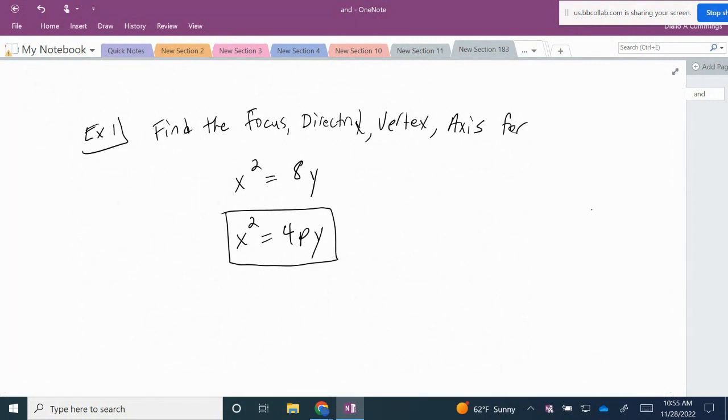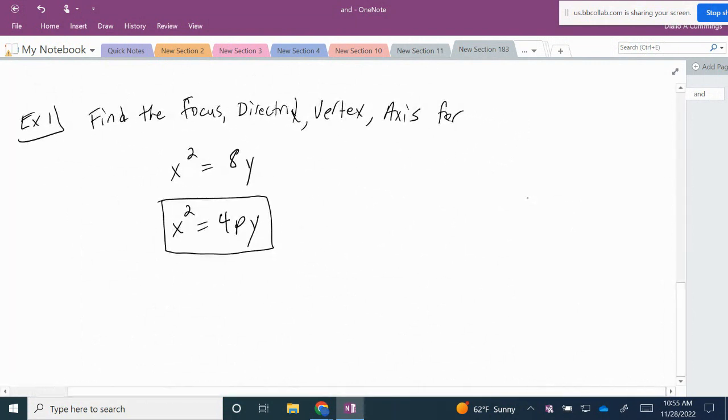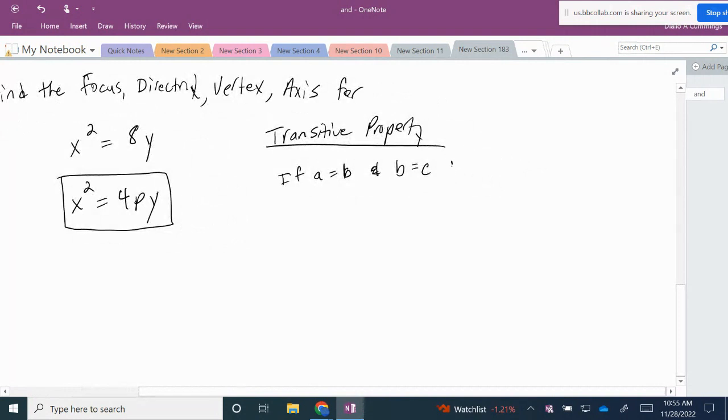And the transitive property says if A is equal to B, and B is equal to C, then A is equal to C.